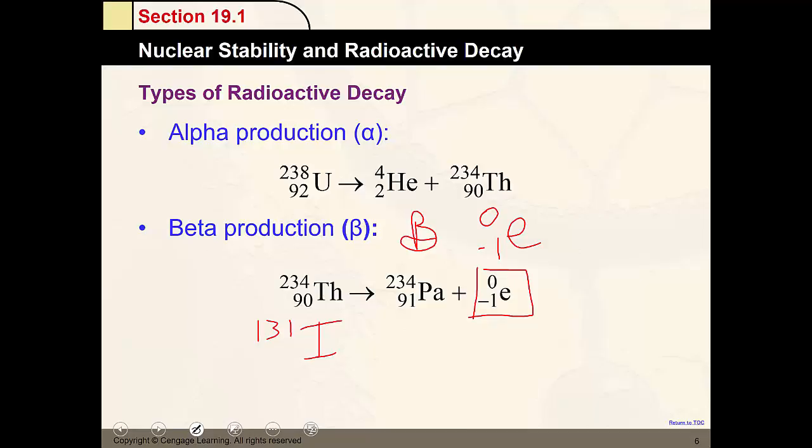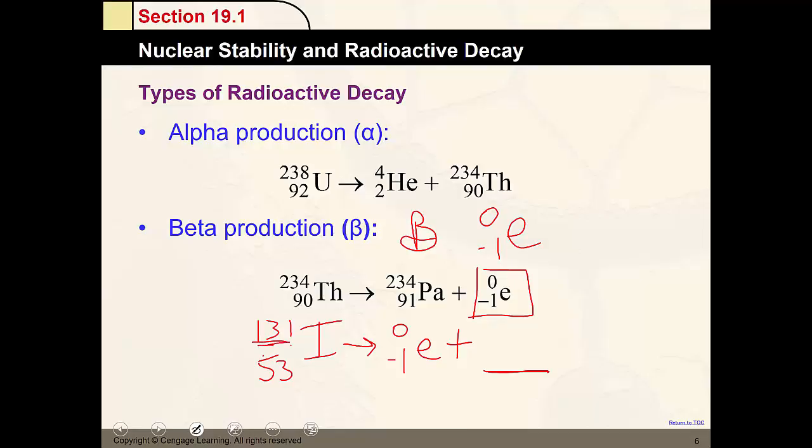It is in group 17, and it has an atomic number of 53. If this undergoes beta decay, that means automatically you know the beta particle, or electron, has to be a product. And then we have to figure out what's left over here, knowing that both the mass number and atomic number are conserved.